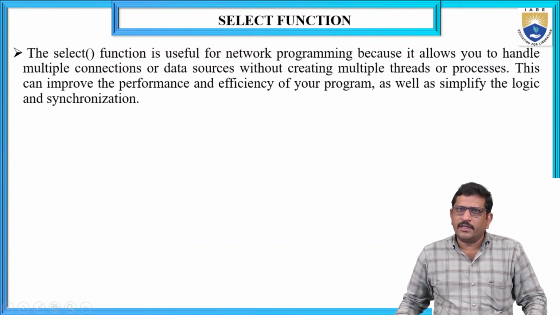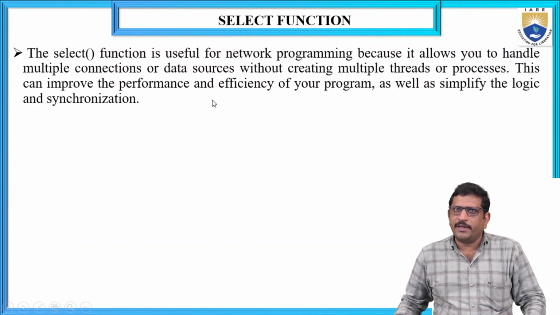This can improve the performance between the two devices. When communicating between two devices, the performance, efficiency and scalability can be improved by using the select function. The select function improves the efficiency of the program.